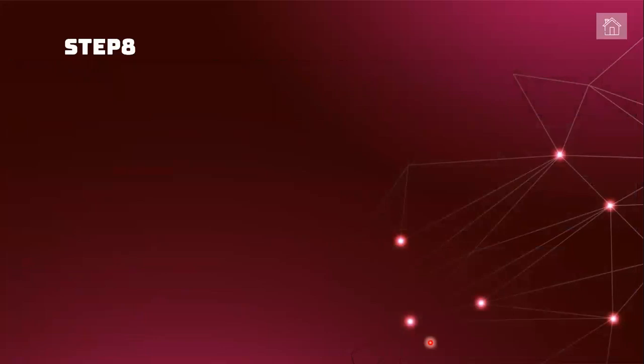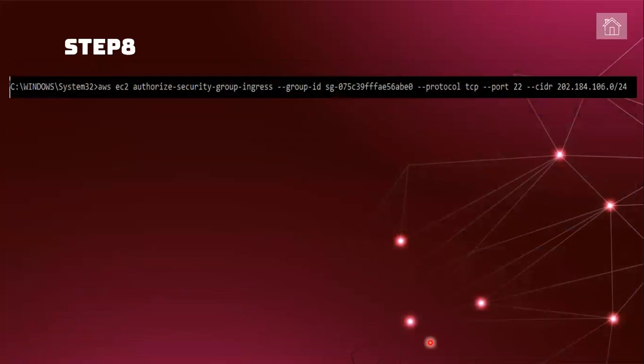So let's see how we can add rules so that we can access our instances. Here, we are going to use the command aws ec2 authorize-security-group-ingress, which allows us to create new incoming rules to our security groups.